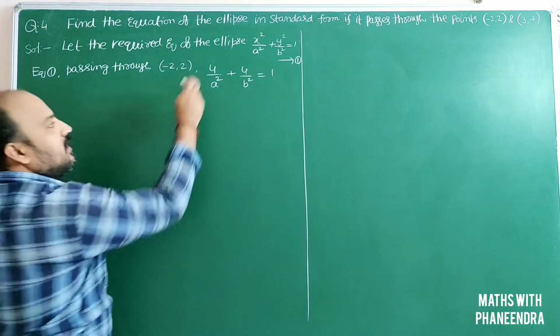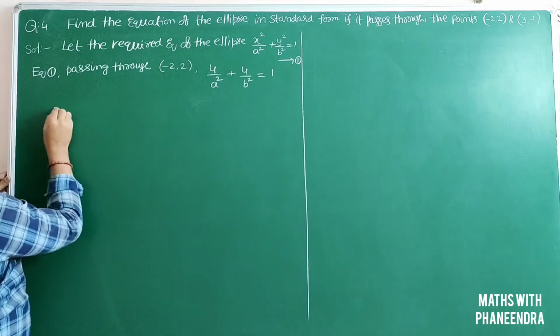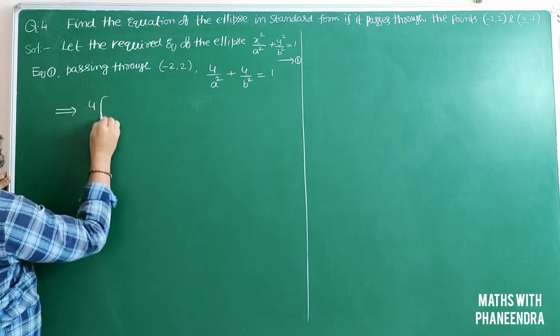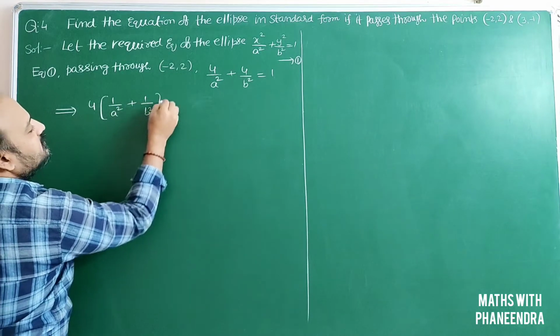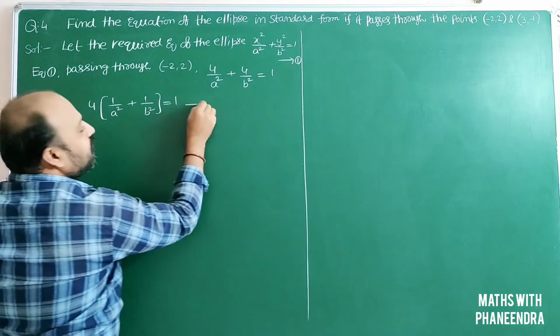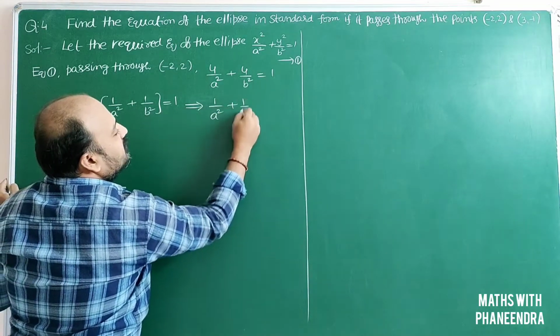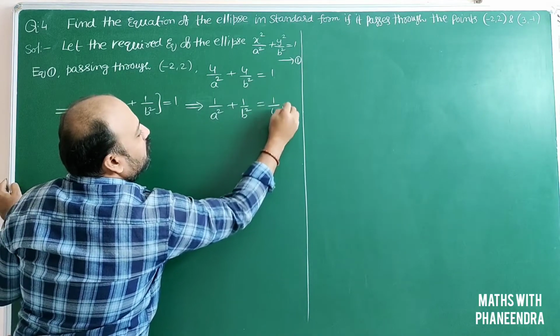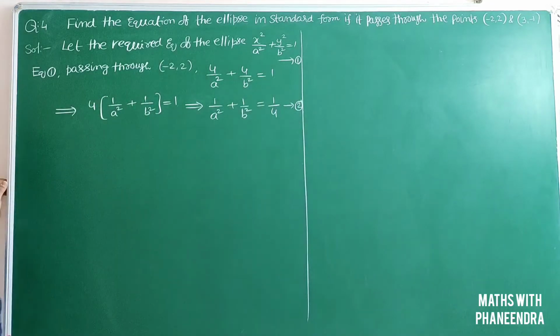Here I am taking 4 common, so it becomes 4 into (1 by a square plus 1 by b square) is equal to 1. In the next step, we take 4 to this side, so it becomes 1 by a square plus 1 by b square is equal to 1 by 4. Put that as equation number 2.